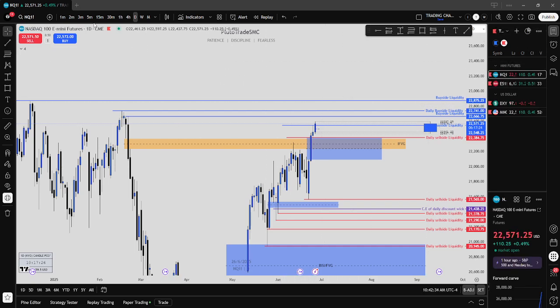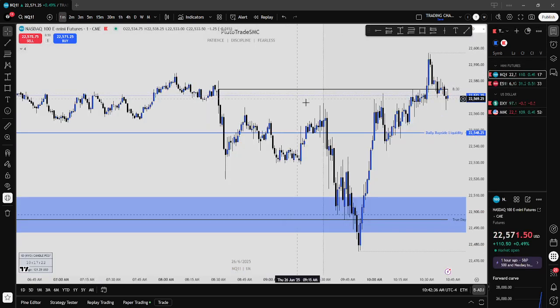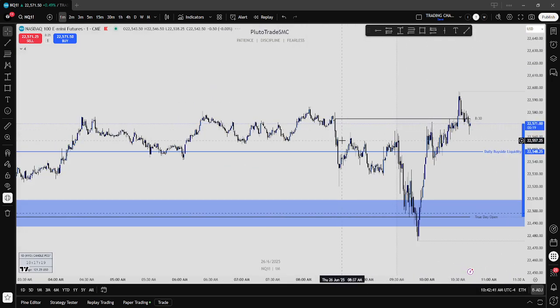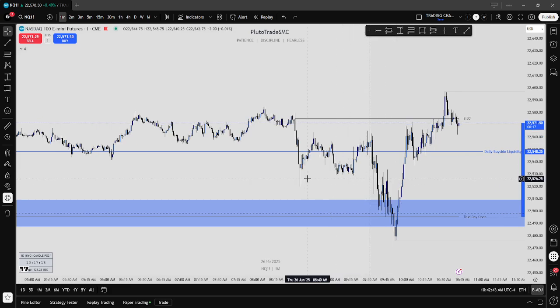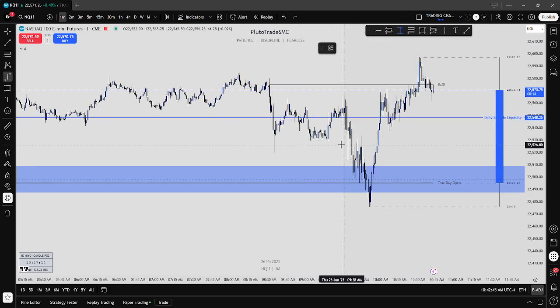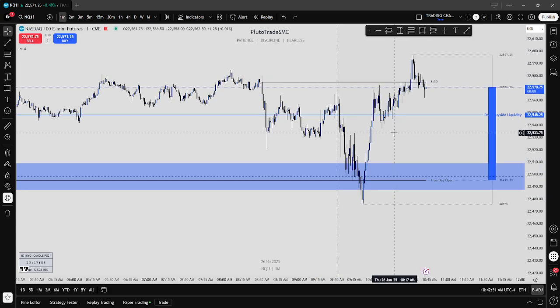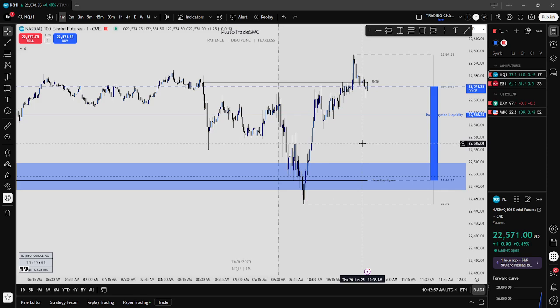The macro's approaching soon too. Let's see how this plays out. Even this wasn't a bad trade. Right here, this was like a 45 point. We're just gonna have to see what happens later.